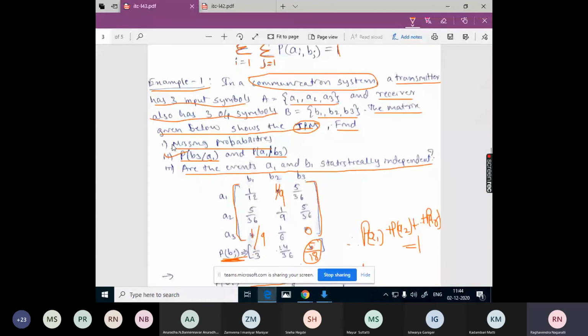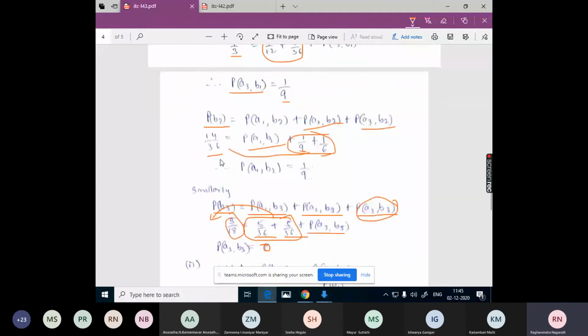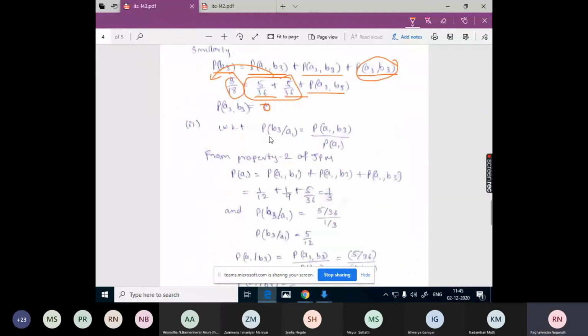So we have calculated all the missing probabilities. This is about the first sub question. Now coming to the second sub question, P of B3 by A1. We have the Bayes rule, so we can use that.